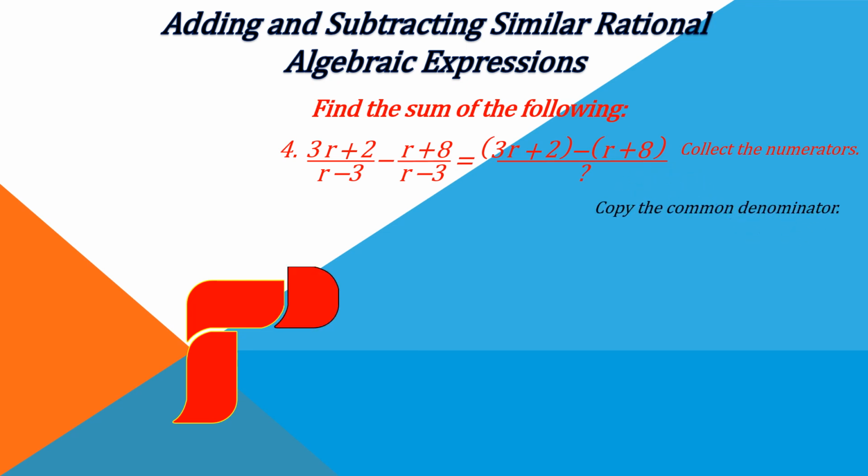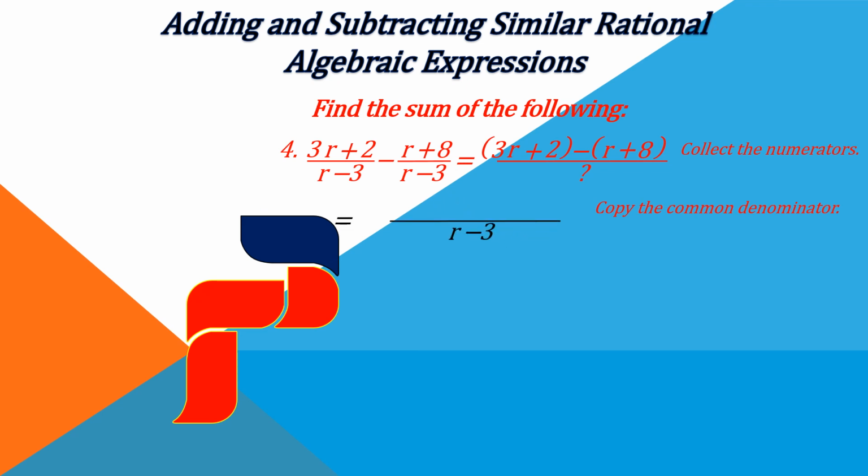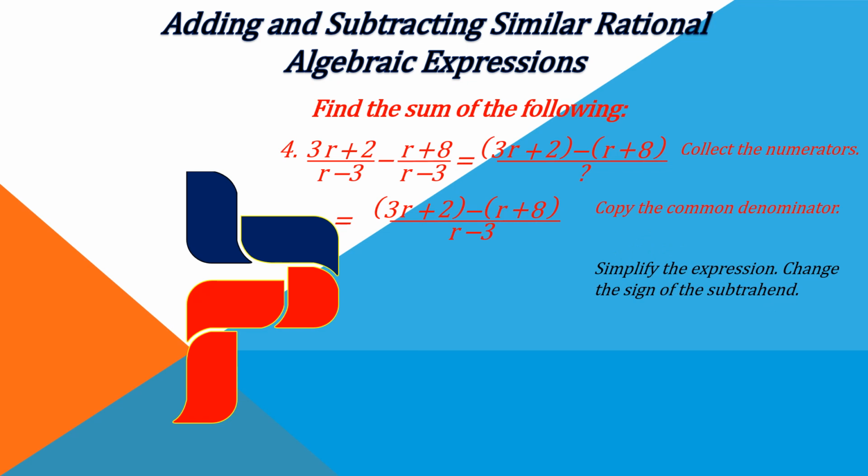And the next step is copy the common denominator, and we have equal to r minus 3, the common denominator, and our numerator is quantity 3r plus 2 minus r plus 8. And simplifying the expression, we have to change the sign of the subtrahend.